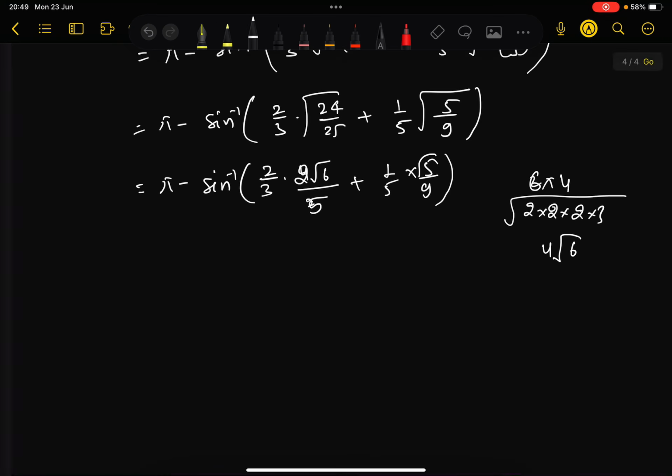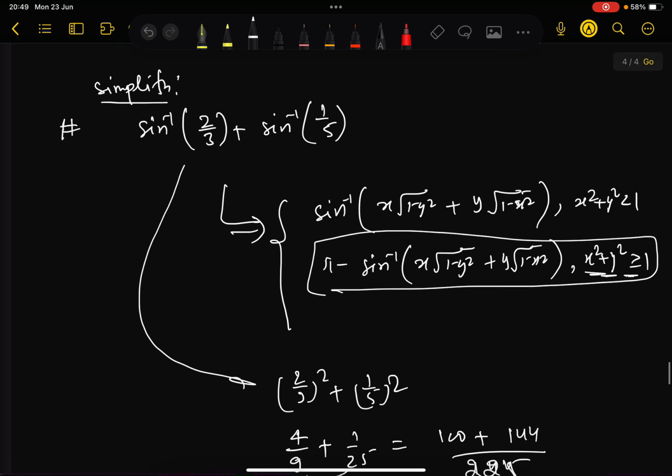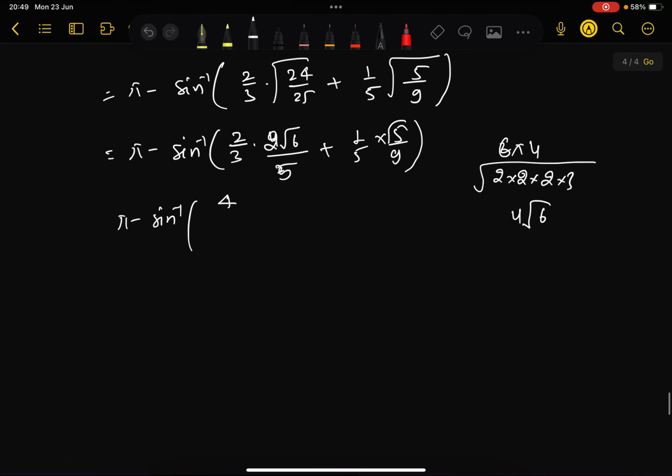So if you simplify this one, this will become pi minus sine inverse. Let me check once again. Yes, correct.